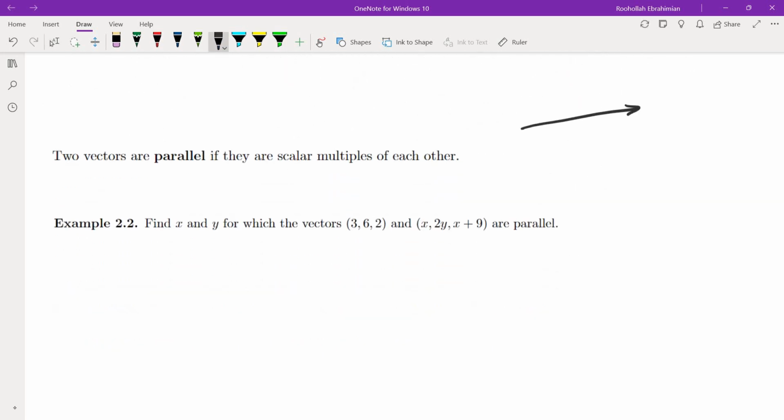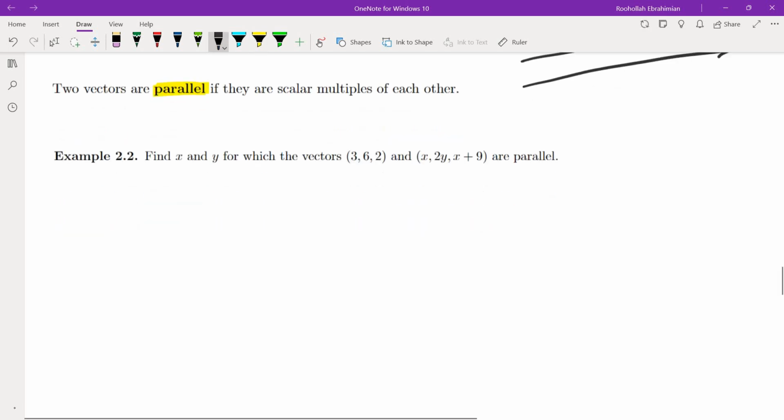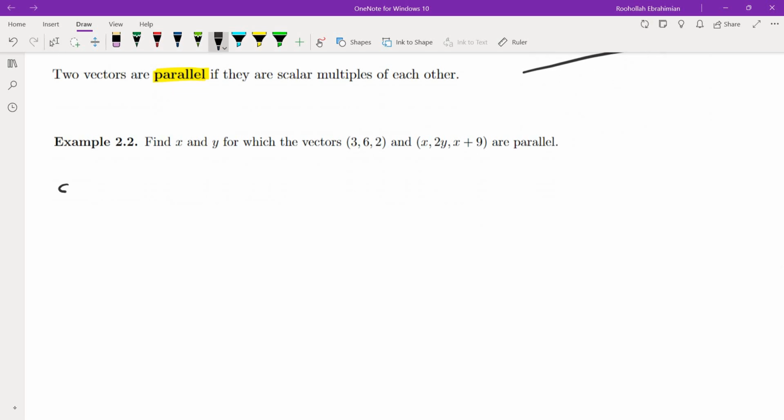Now if we take two vectors as we discussed, multiplying by a scalar, we get a vector in either the same direction or the opposite direction. So in any way, those two vectors are called parallel. So let's look at an example. We are trying to find two numbers x and y for which the vectors (3, 6, 2) and (x, 2y, x plus 9) are parallel.